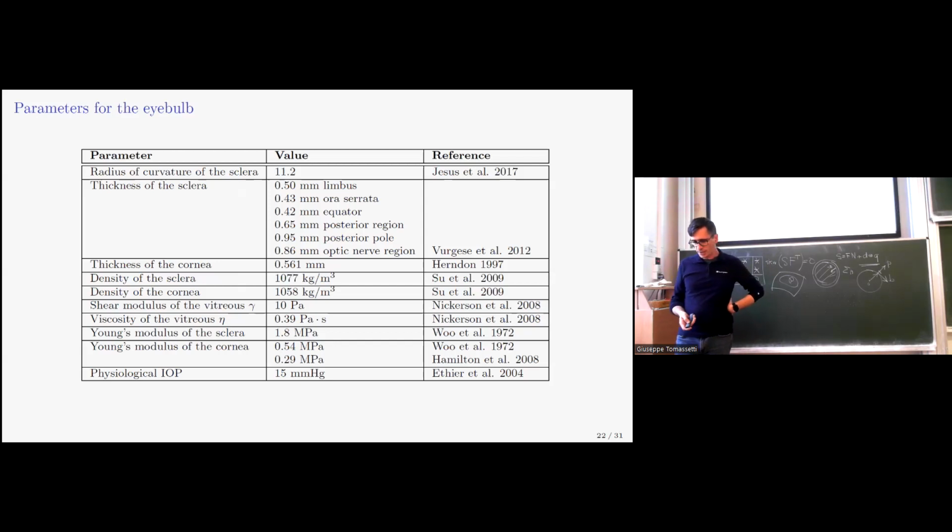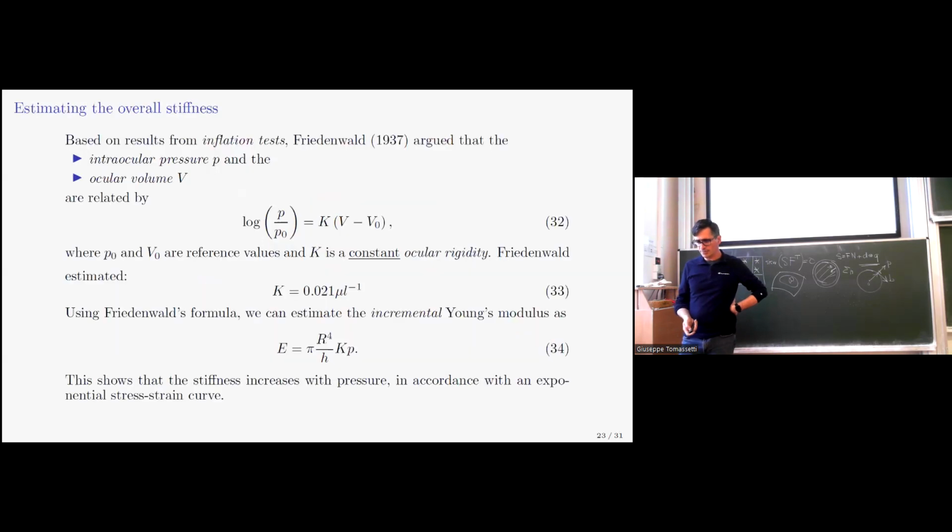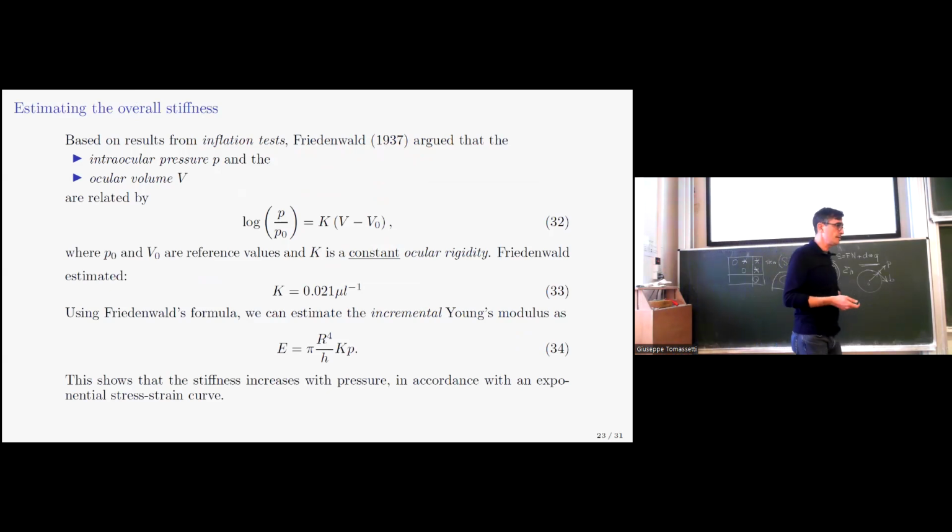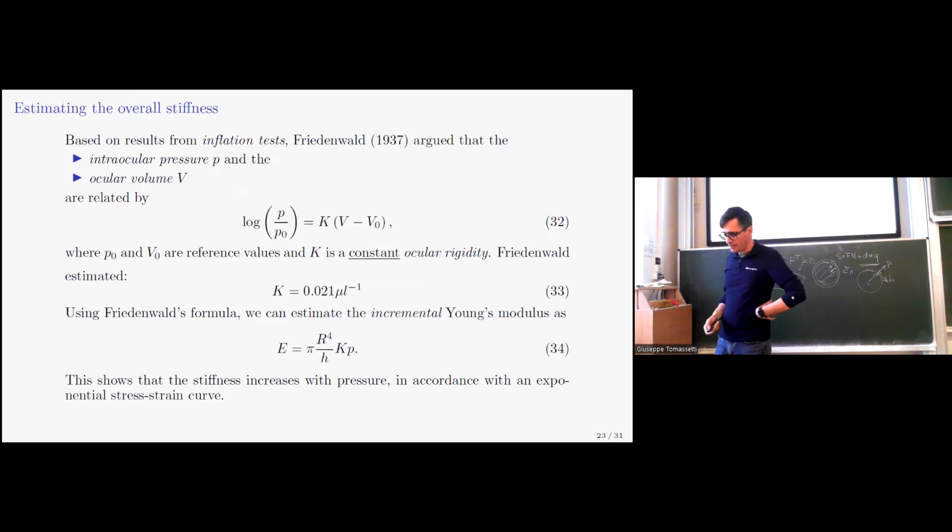And to do that, we resorted to a notion that had been introduced quite a long time ago by Friedenwald in 1937. Friedenwald was doing the first studies on the mechanical properties of the eye, and he came up with a concept of ocular rigidity.